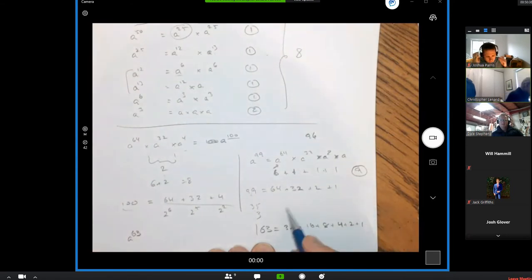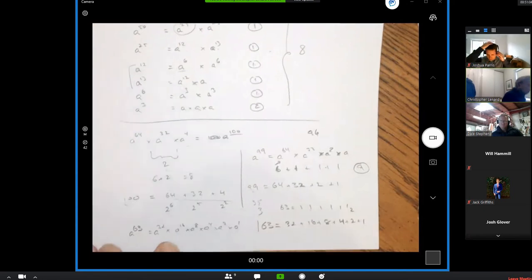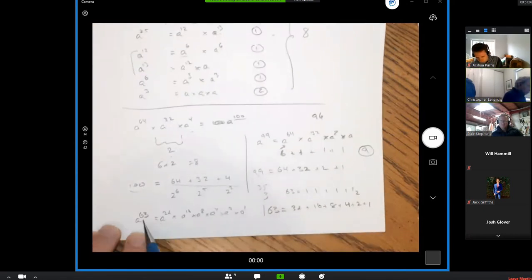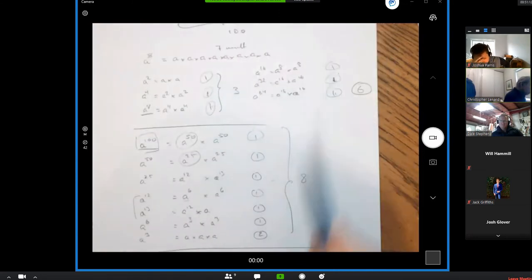I mean, basically, what you're saying is that 63 in binary is 1, 1, 1, 1, 1, 1. So that's really what's happening. So to get a to the 63, I need to do a to the 32 times a to the 16 times a to the 8 times a to the 4 times a squared times a to the 1. Okay, so a to the 32, I actually only needed 1, 2, 3, 4, 5.